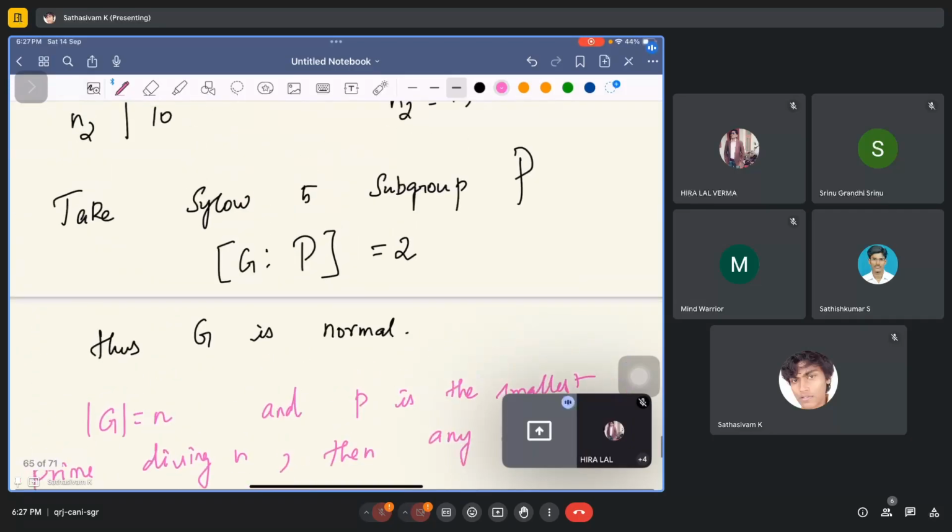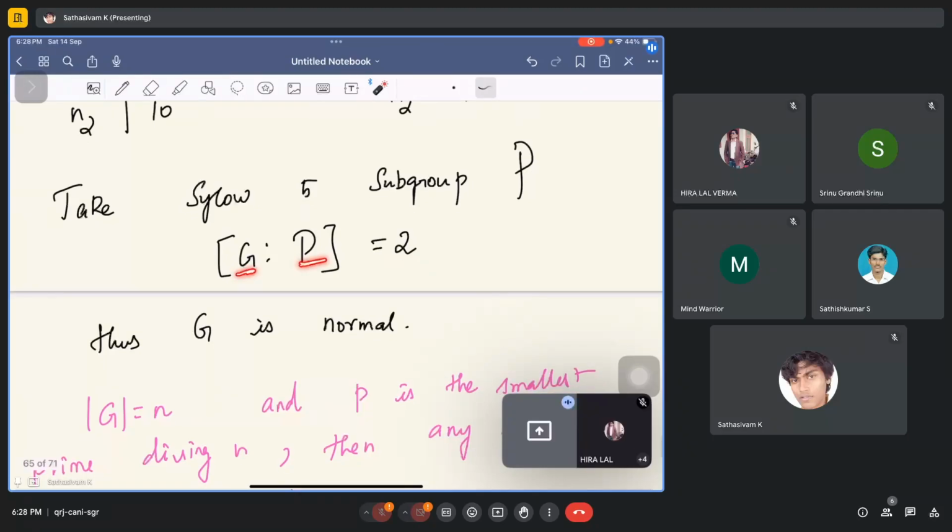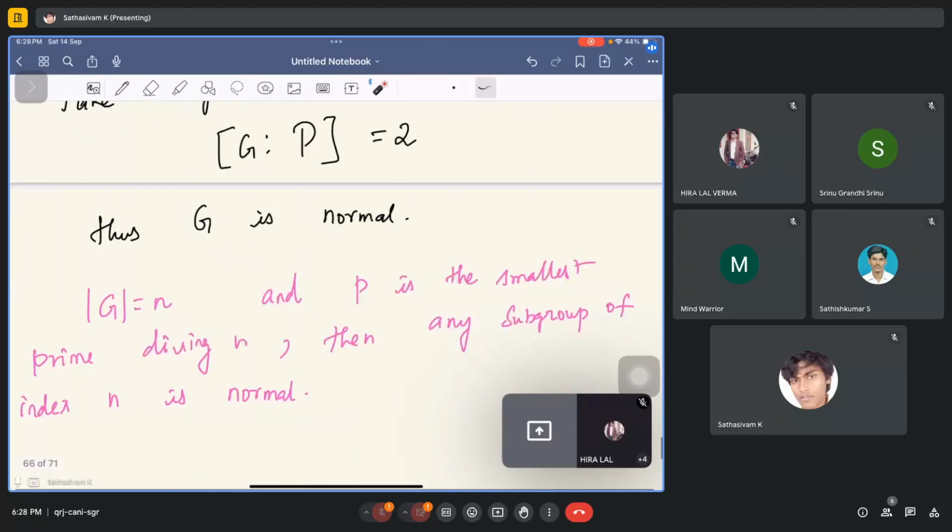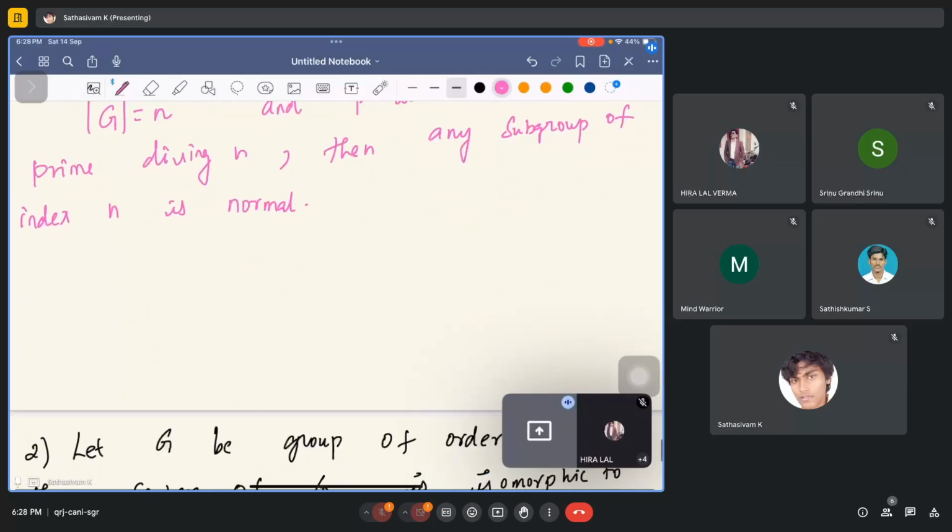You take a Sylow 5 subgroup and it has index 2, and this is the smallest prime that divides the order of G, so this has to be normal. So N5 is 1. Why?